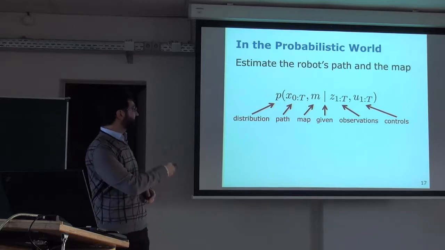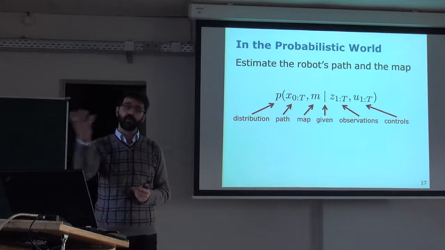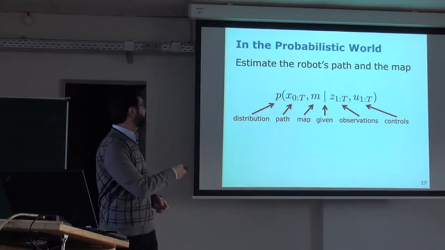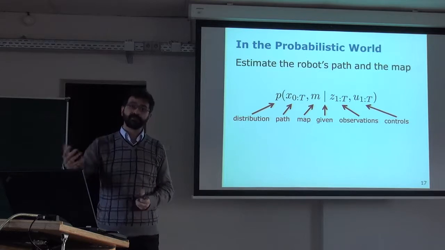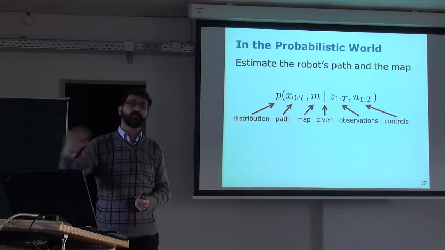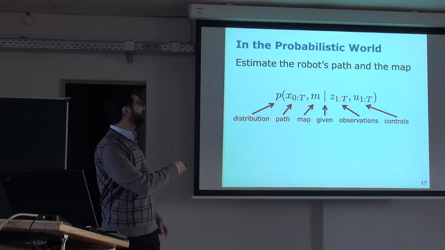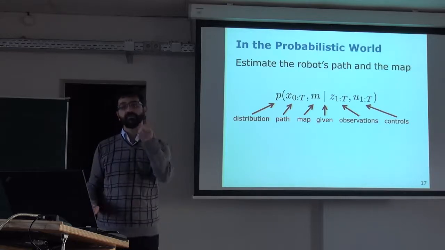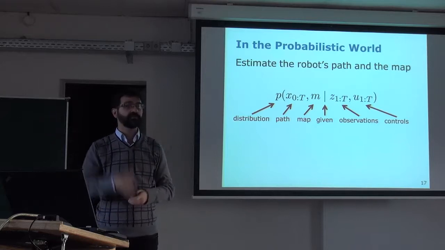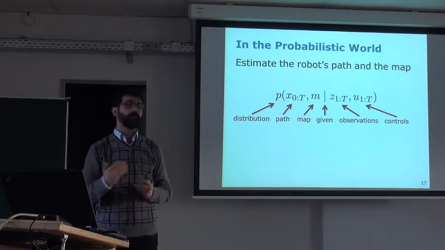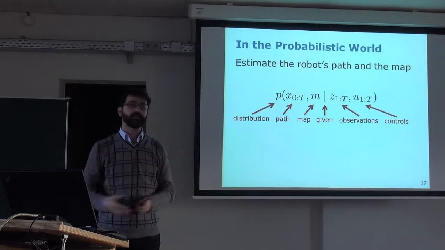The path and the map are the variables that are in our state, and the Z and U are the observations, the measurements that we collect over time. Okay? The indices here are just time, so discrete time indices, because most of the sensors come with a certain clock, so you get measurements at a certain frequency, like 10 Hertz, 50 Hertz, or so on.